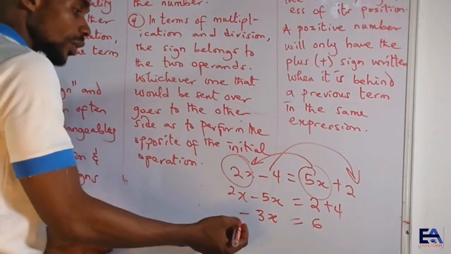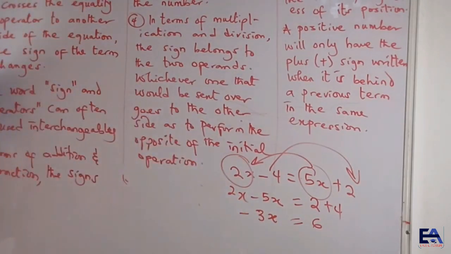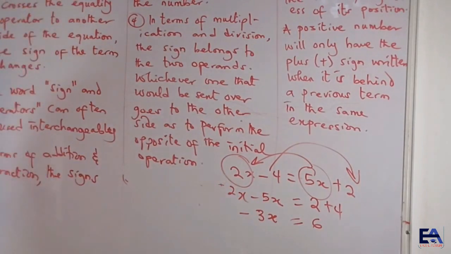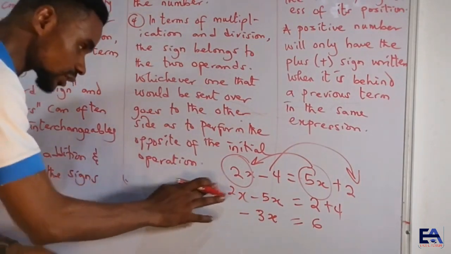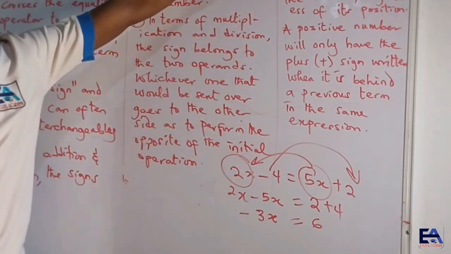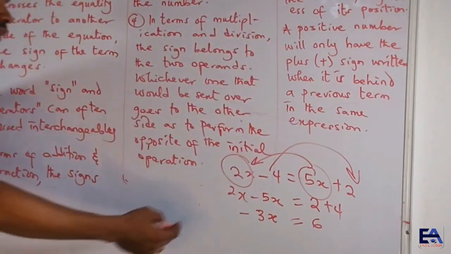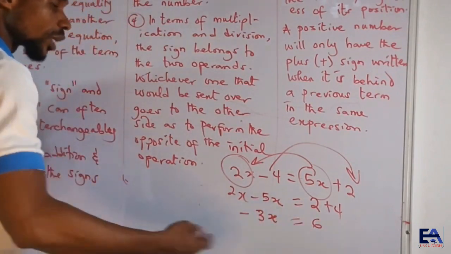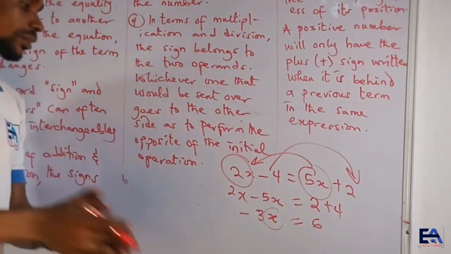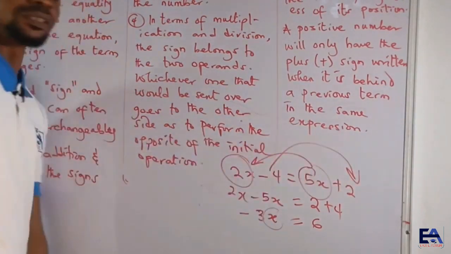Positive means you're having, negative means owing. So if a number is at the forefront and it is positive, you don't need to write plus to indicate it's positive. But if it is negative, you must write minus to show that it is negative. That is what point number 5 is explaining. So then we have it like this. We can use any of the methods that I explained earlier. x is what we need, so we can send this guy packing by dividing both sides.